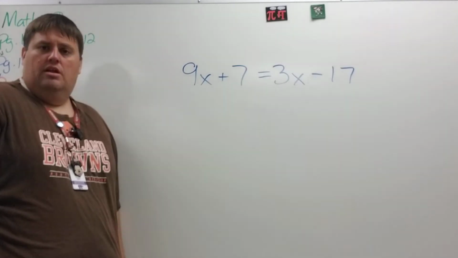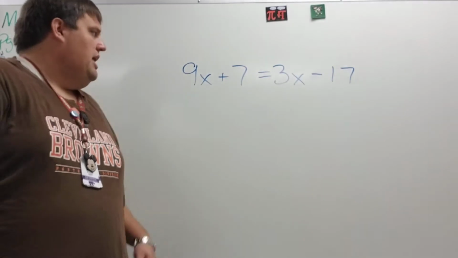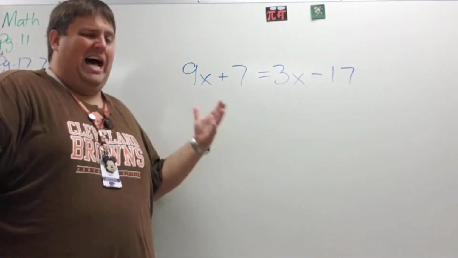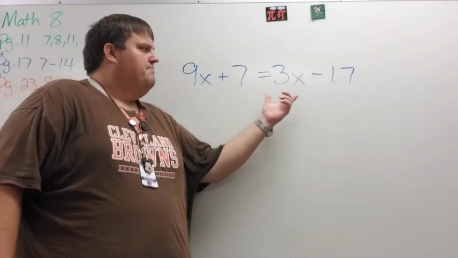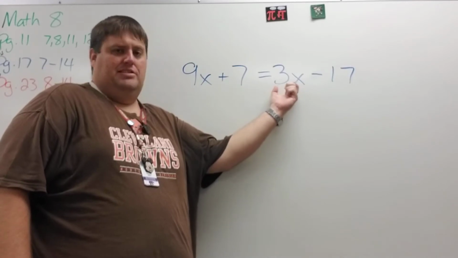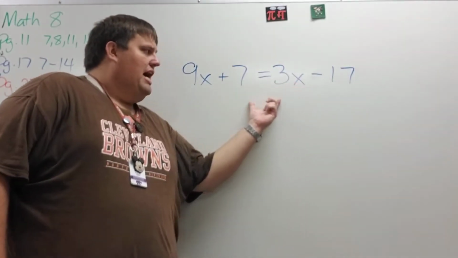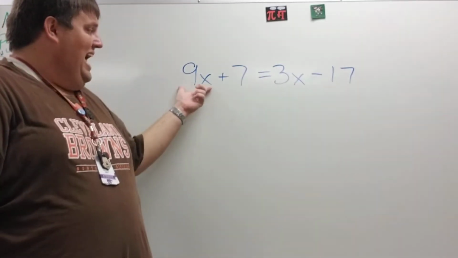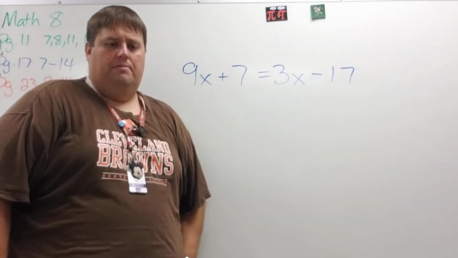For example, I always pick whichever one's going to leave me with a positive x, if that's a possibility. So over here, if I got rid of 3x, I'd be subtracting 3x. And I know if I subtract 3x, that's smaller, so this is going to give me something positive. If I subtract 9x, I can do that too, but I'm going to be left with a negative number.